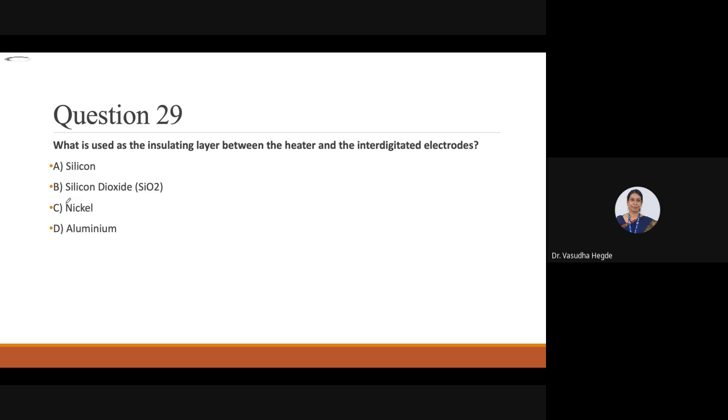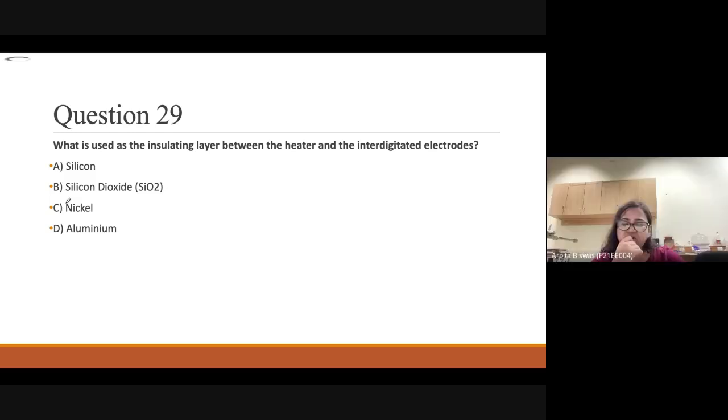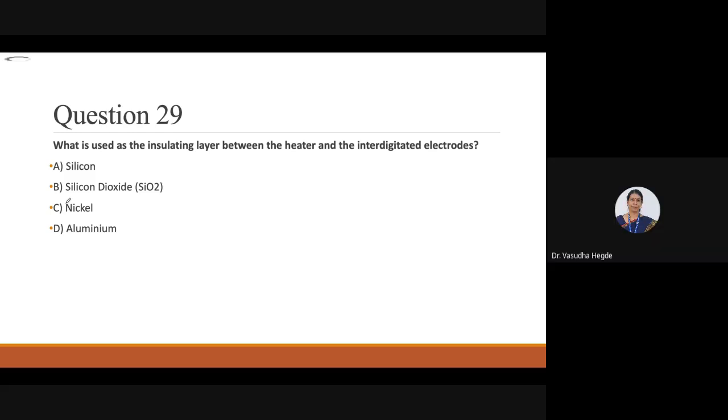The interdigitated electrode is also a metal, so the sensing may get affected. Does the sensing depend on the electrode, or on the active layer material? It depends upon the active layer as well, the sensing layer.